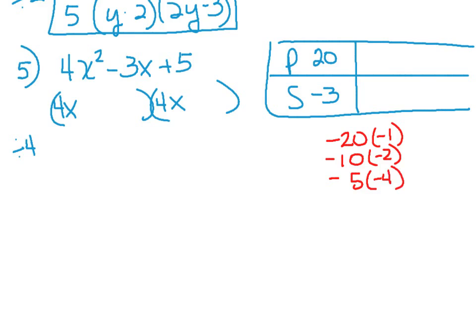And then -4 and 5, -2 and 10, -1. I don't have any numbers that can fit this criteria. So if you get to that point and you realize you cannot factor this trinomial using integers, then you can state that it is prime. It's not factorable.